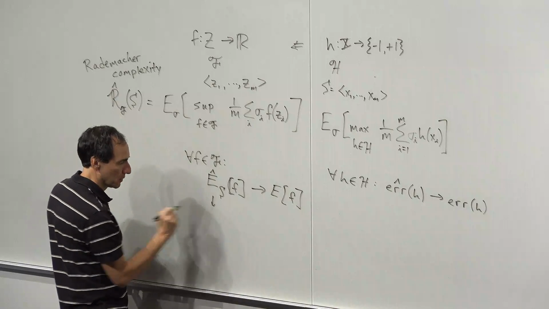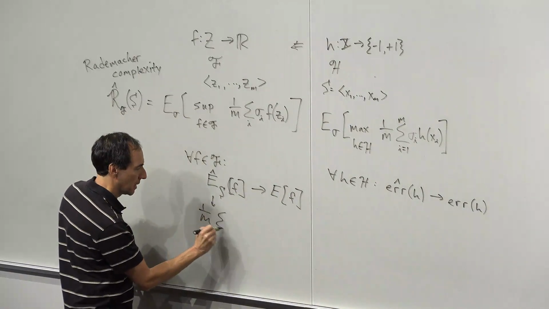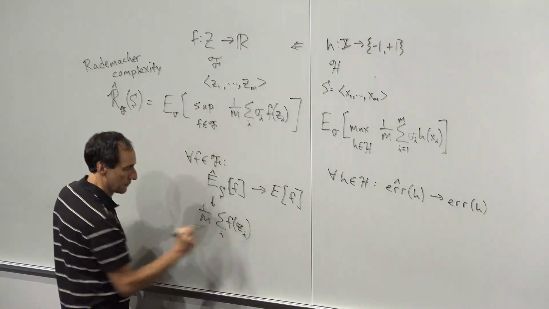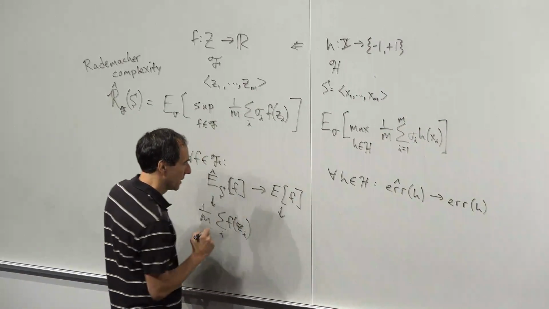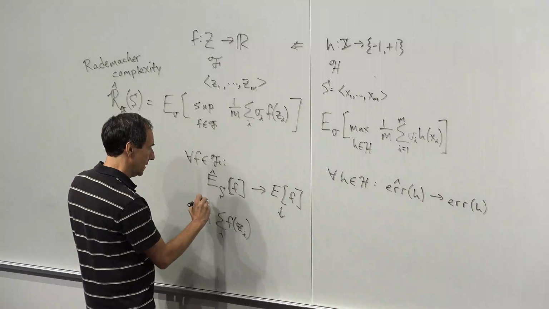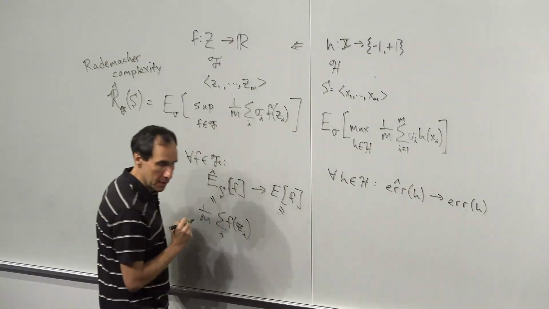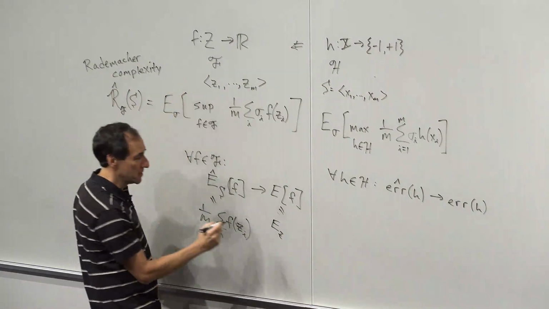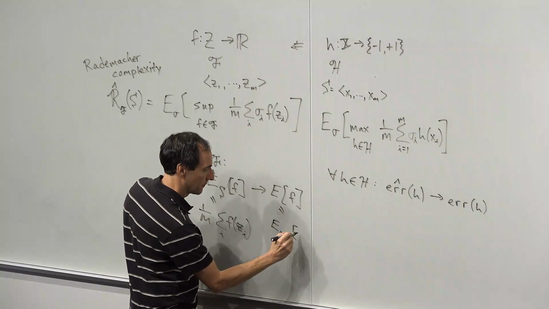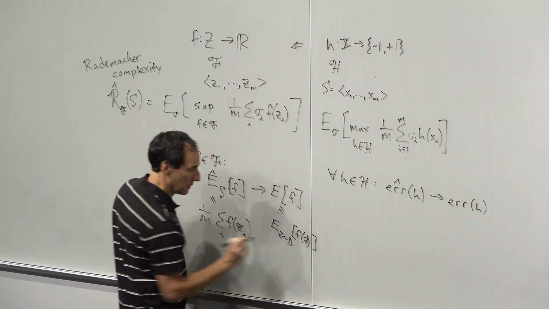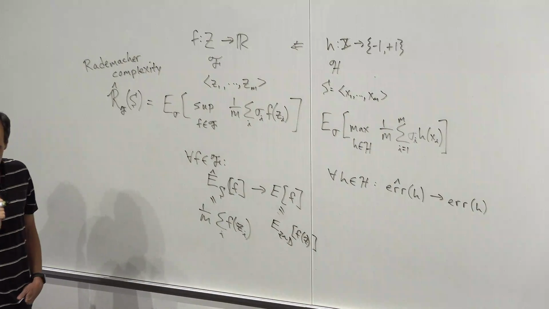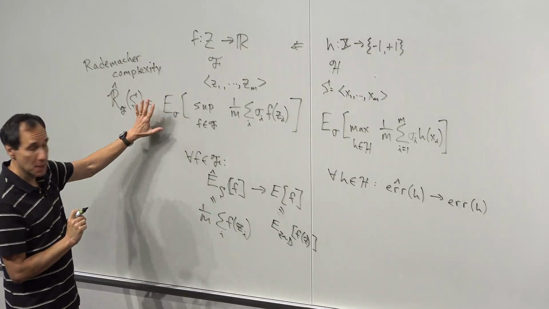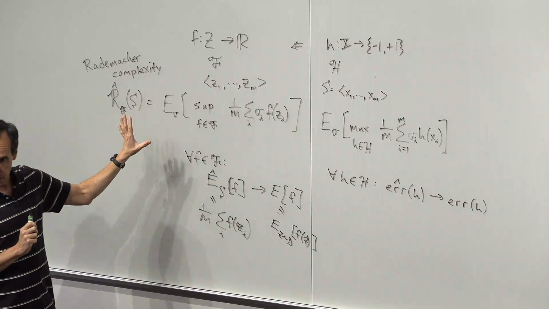Well, this is just the usual empirical average on the sample S. And by this I just mean the expected value with respect to whatever distribution will eventually be generating the data. And we're going to see in a second that we can prove bounds like this in terms of this Rademacher complexity. So is this okay?